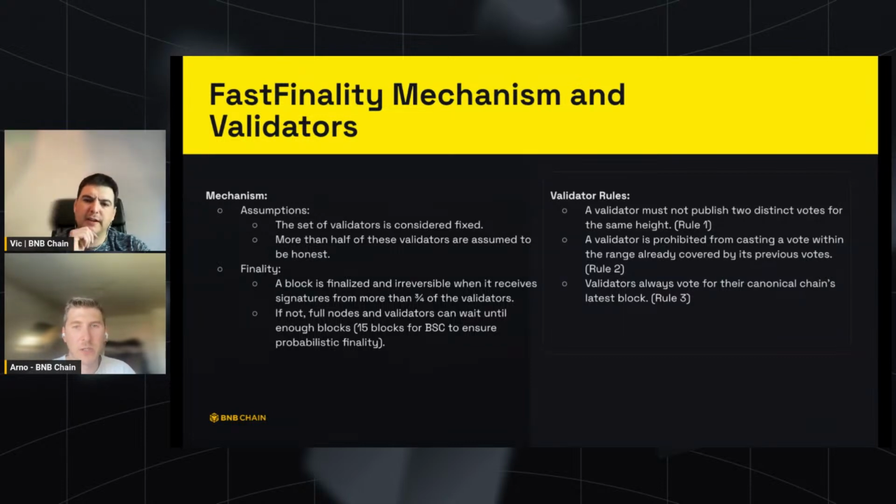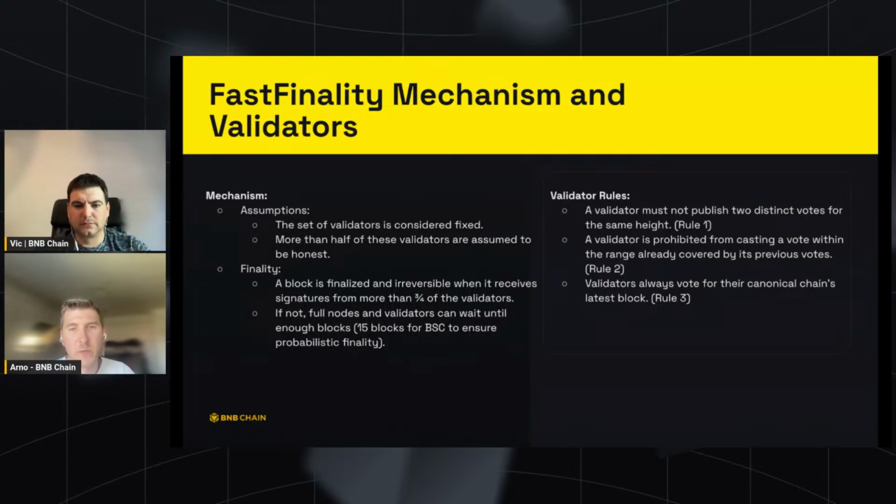And I guess if one does do it, then it will be some kind of slashing. Correct. Then when we discuss reward and penalty, we're going to see that there's some reward as well, and especially some slashing if a validator is not behaving as per the network rules, for example.